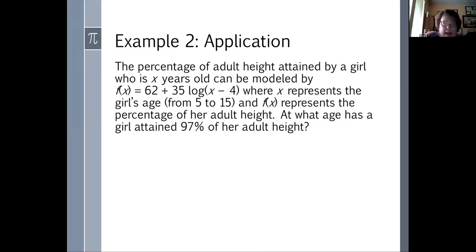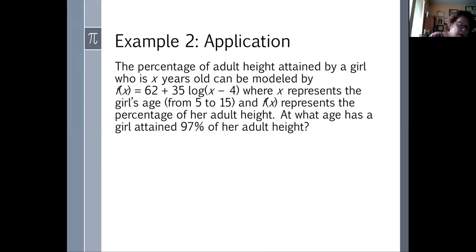At what age, so you're solving for x, has a girl attained 97% of her adult height? They give you the percentage, which is f of x, and you're going to solve for x.